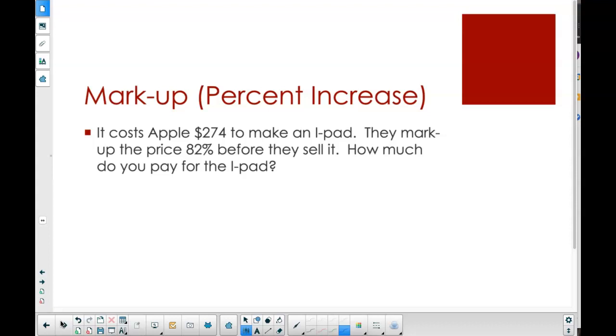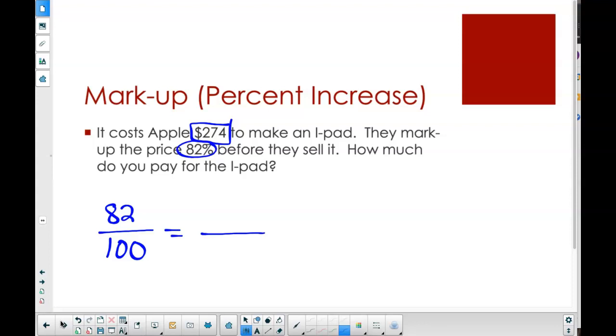Okay, so we're going to set up a proportion just like we've done in every problem. We know the percent is 82% over 100. The $274, is that the original price or the change in the price? That's the original.